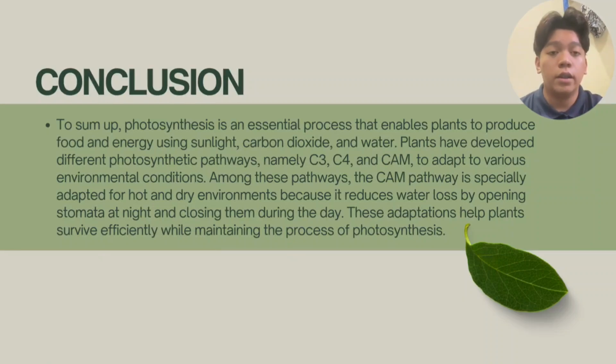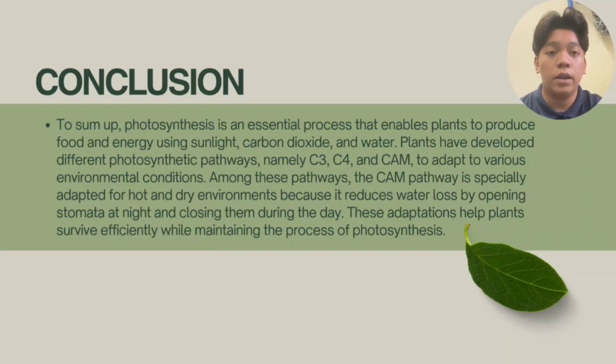In conclusion, photosynthesis is an essential process that enables plants to produce food and energy using sunlight, carbon dioxide, and water. Plants have developed different photosynthetic pathways, namely C3, C4, and CAM, to adapt to different types of environmental conditions.